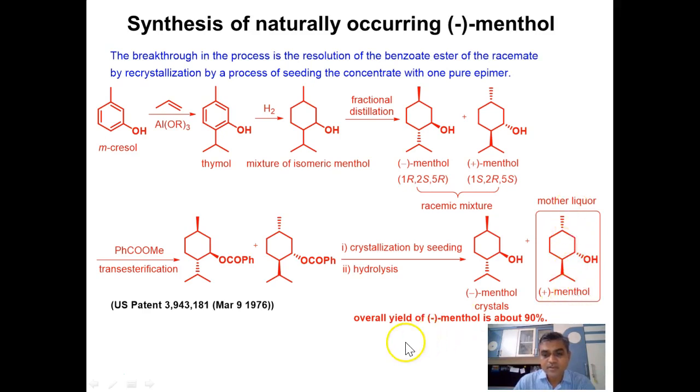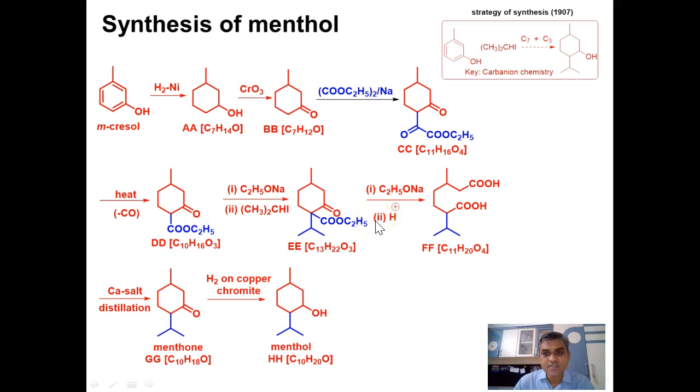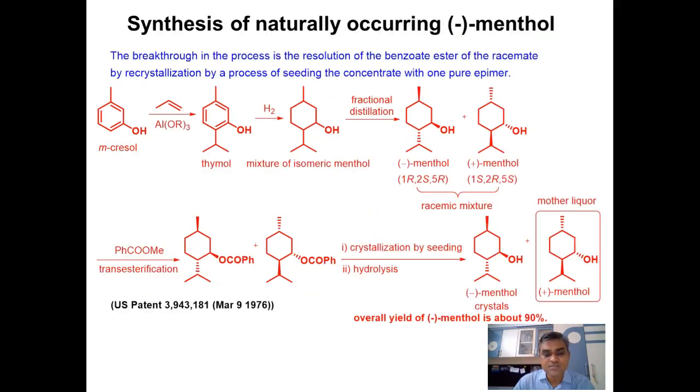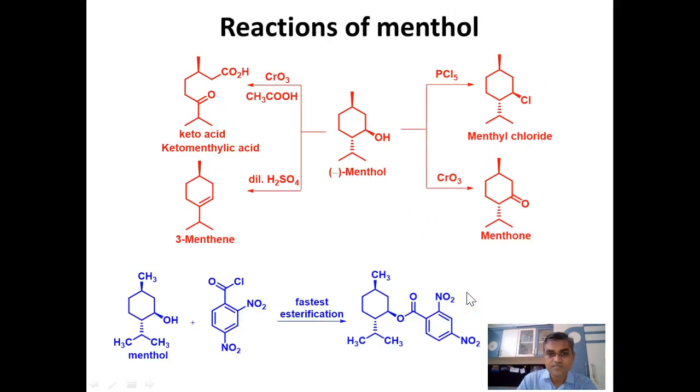In this way, the overall yield of (−)-menthol was around 90%. The first synthesis was reported in 1907, and after almost 70 years, this was an enantioselective synthesis. Here the synthesis of one isomer of menthol was discussed.